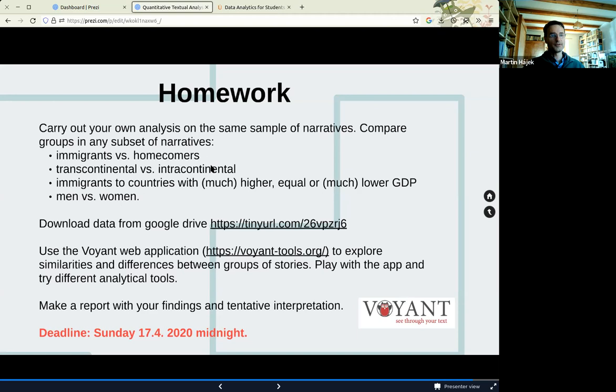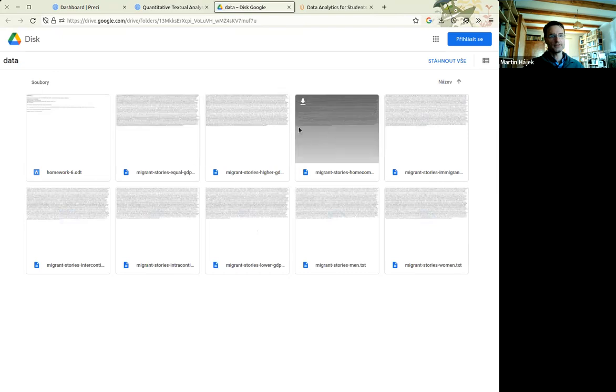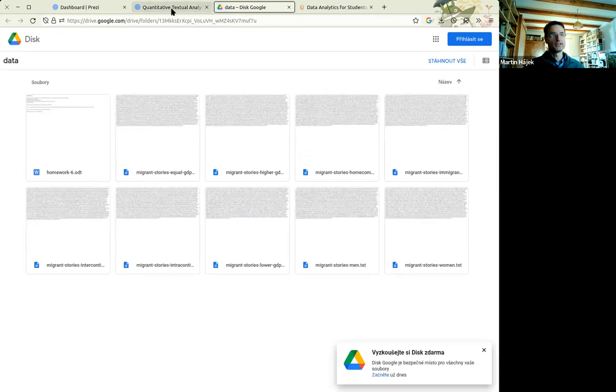And now to homework, which is the conclusion. I ask you to carry out your own exploratory analysis, comparing these groups, even men and women, in different aspects. You have data available on this website, which you can see, I hope. Yes, these are the groups of stories.